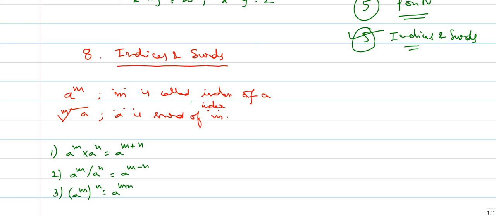The next law is ab whole power n is equal to a power n, b power n.